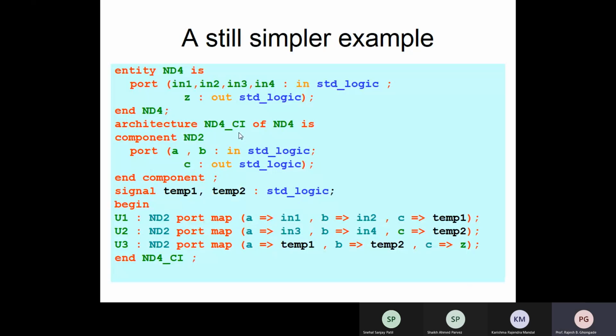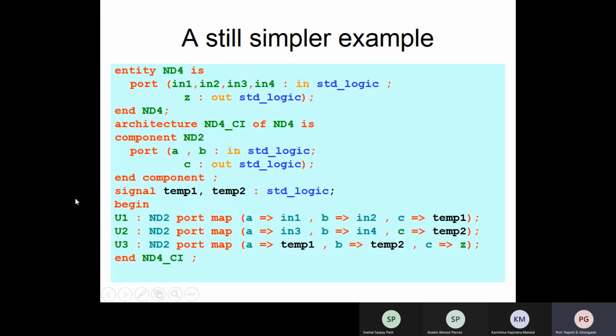Z is not high impedance here. Z is the name of the port. The architecture of this entity ND4 can be written. Now I'll be using 2 input components to create this entity.